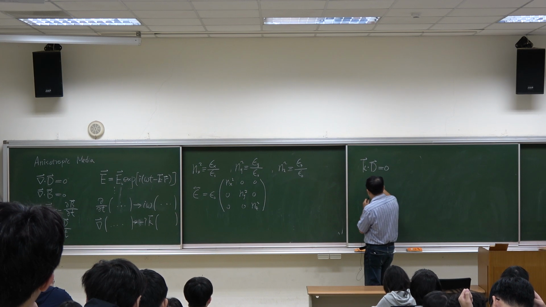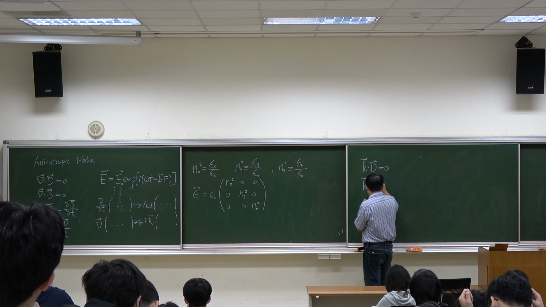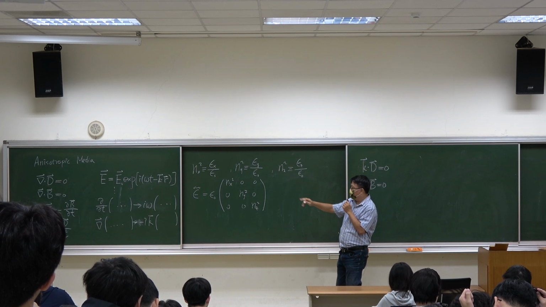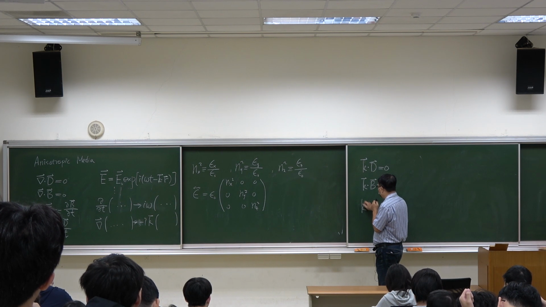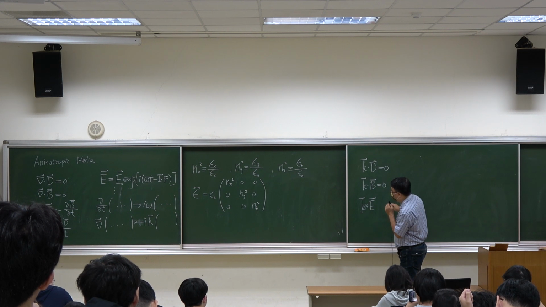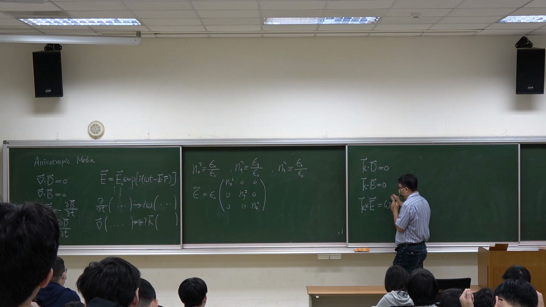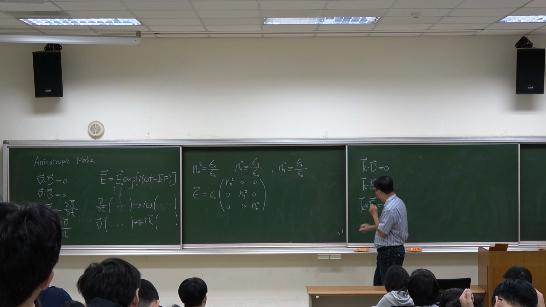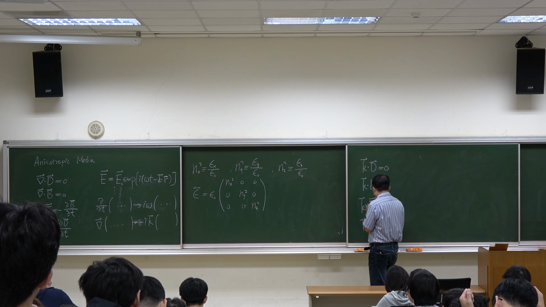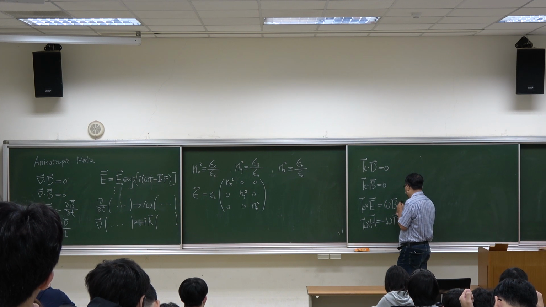The second equation tells us K dot B is equal to 0. Okay. And the third equation tells us that K cross E is omega B. And the final equation tells us that K cross H is minus omega D.